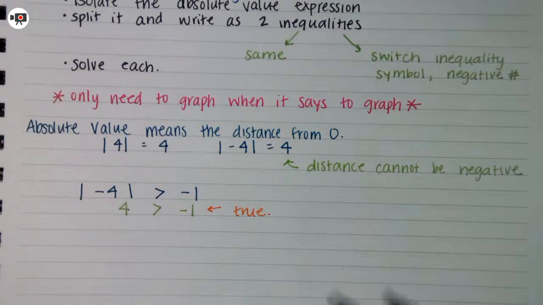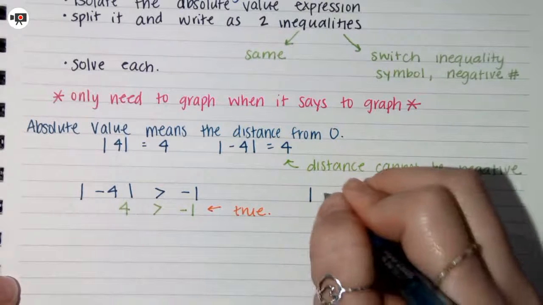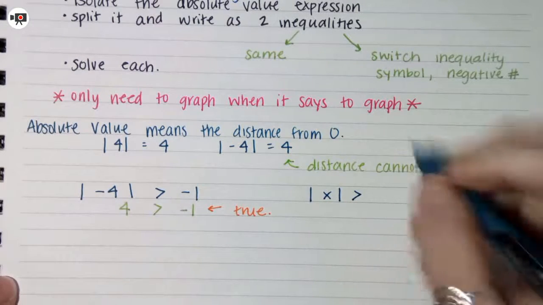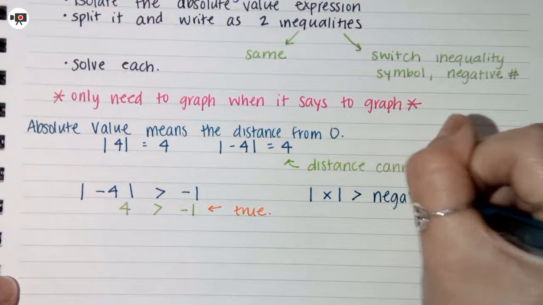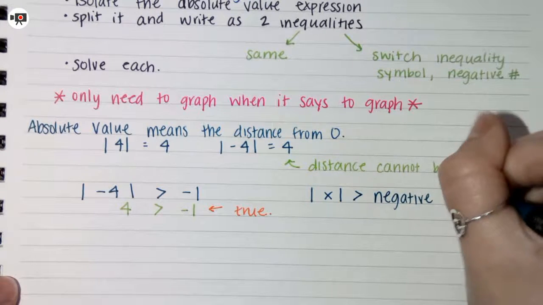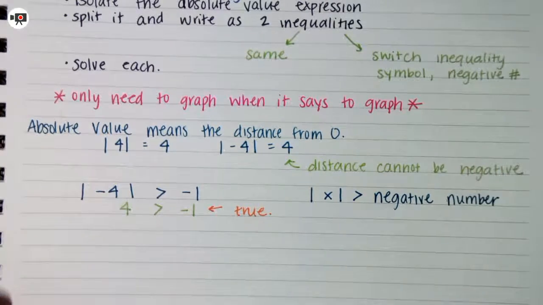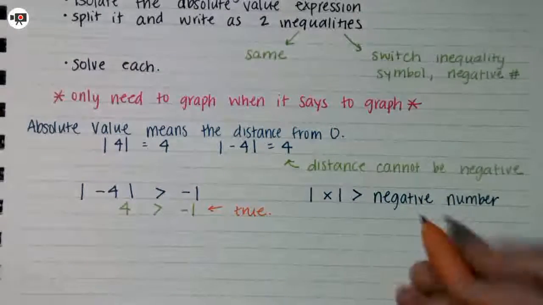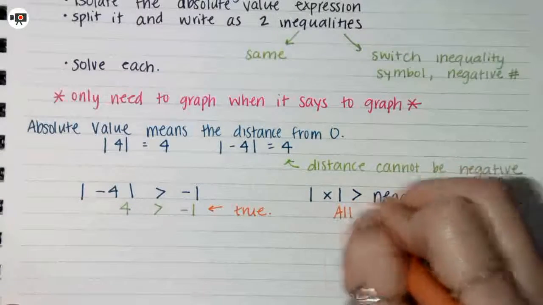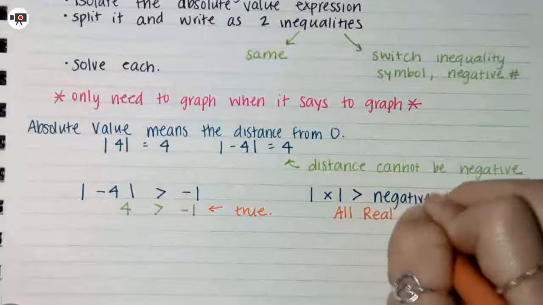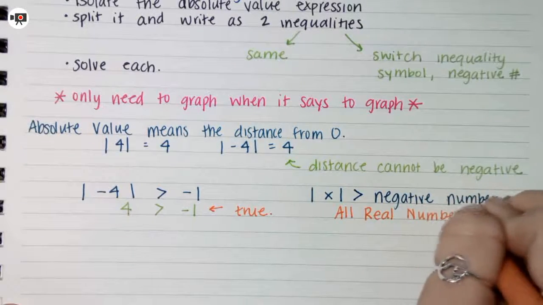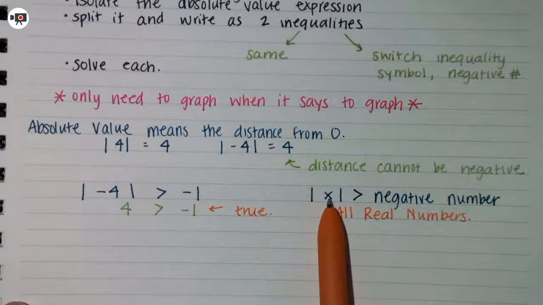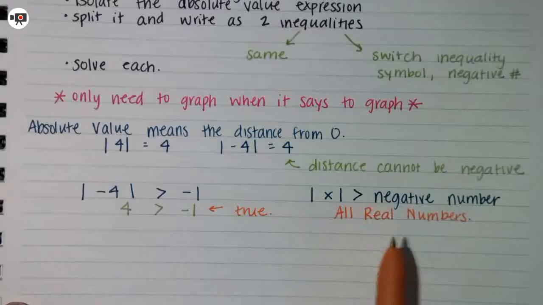If you have some number, doesn't matter what it is, and it is greater than any negative number, greater than or equal to, could be, this is all real numbers. Every time. Because your distance is always larger than a negative number.